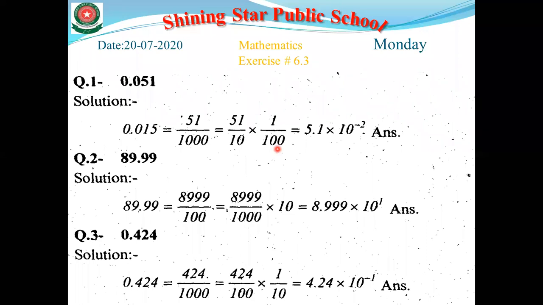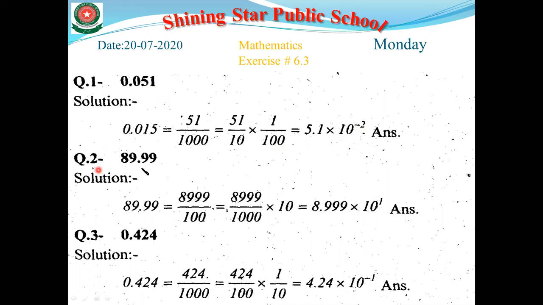And we know that when we take any number, variable or constant from denominator to numerator, or from numerator to denominator, its power sign will be changed. So that's why we write 10 power minus 2. Now 0.051 is converted into scientific notation.